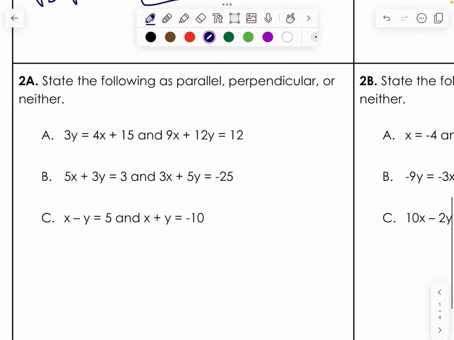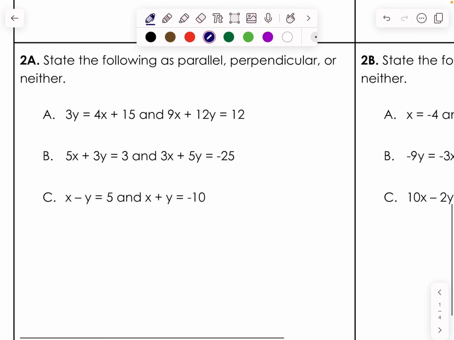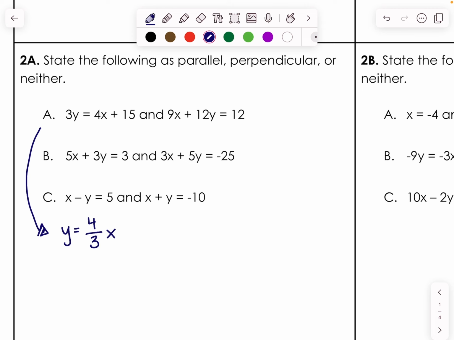All right, so for 2A, we have to state if they're parallel, perpendicular, or neither. So basically we need to determine the slope of all of them. For A, we have 3y equals 4x plus 15. My goal is to get y by itself, so I divide by 3. So I get y equals 4/3 x plus 5.